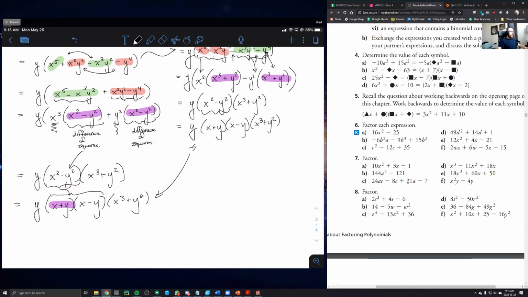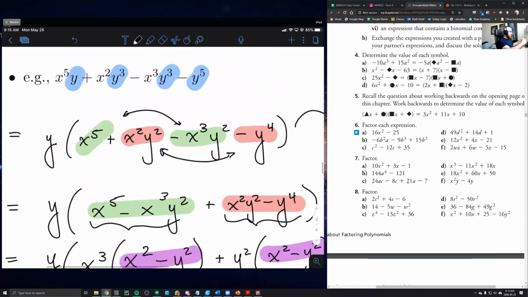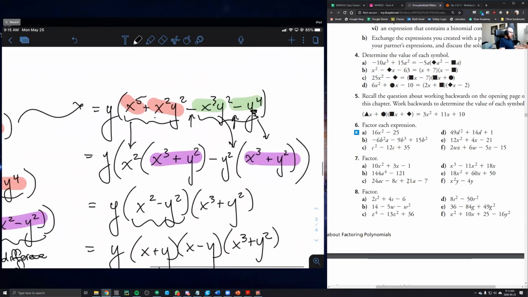Okay. So when I picked the colors up here, when I said I'm going to group together the x to the 5 minus x cubed y squared, I did that because that's sort of the way that I was visualizing it. That being said, you could have visualized it this way, and you get a completely different grouping.